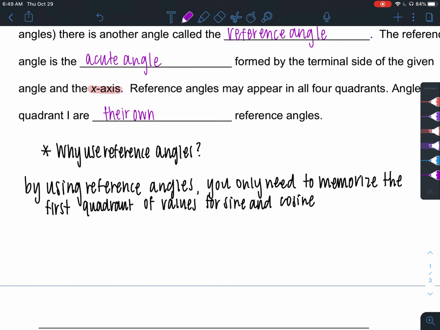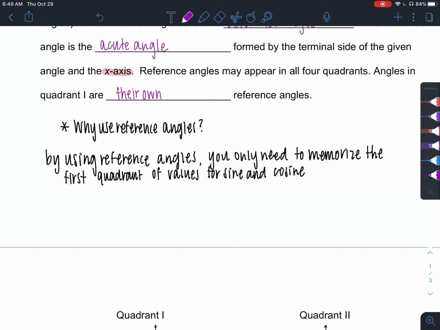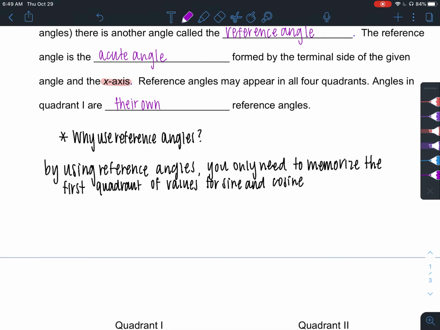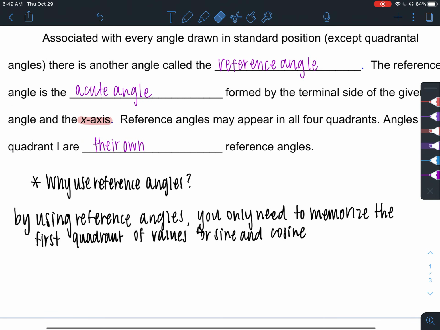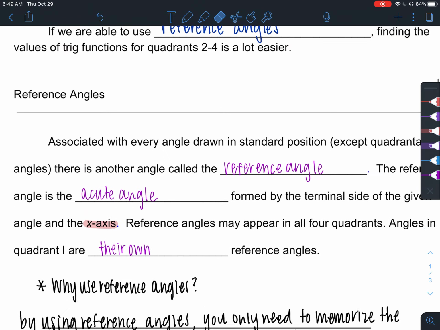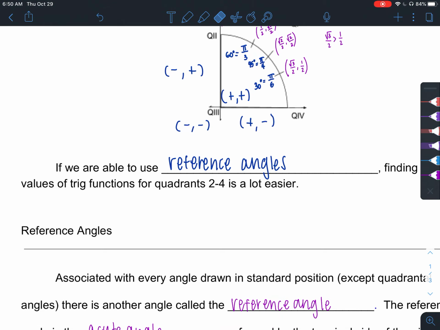Okay, so this is just to reiterate why we use reference angles, because by using reference angles, you only really need to memorize the first quadrant of the values. Not even for sine and cosine, you only need to memorize the first quadrant of points, and then if you have that, you're able to recreate the rest of the, what's it called?